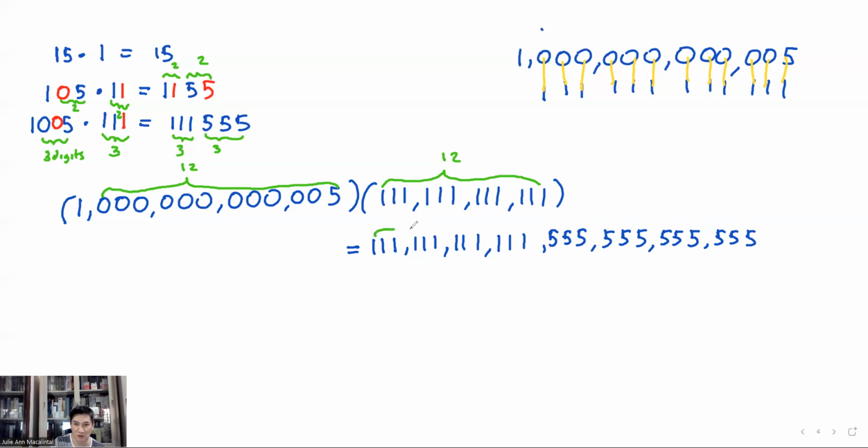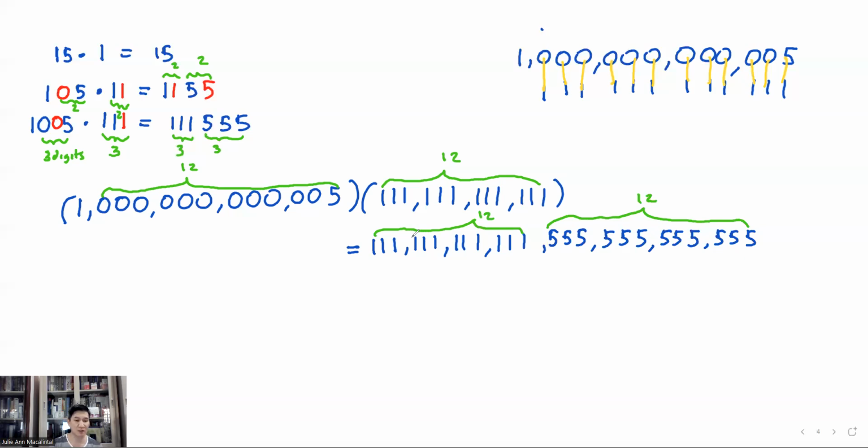So it's a pattern, right? Following the same pattern as we were doing here. So this is the product without using any calculator. This is how you're supposed to get it.